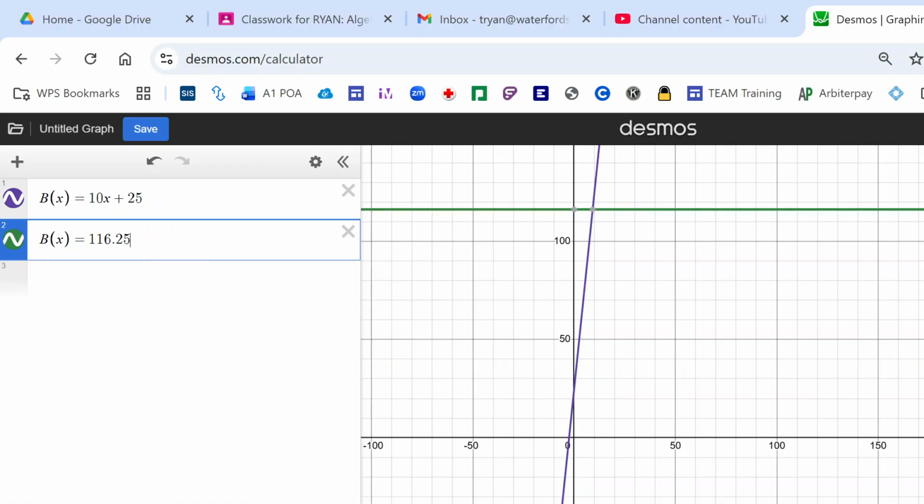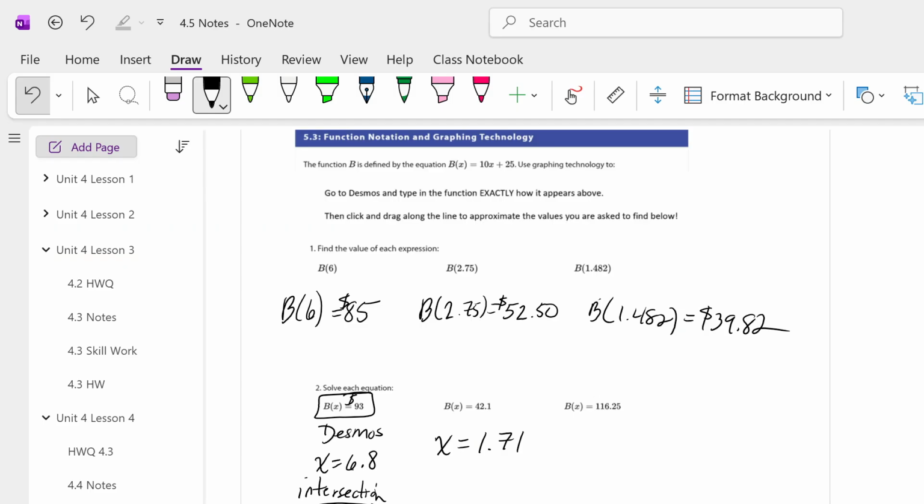There's no equation solving. We're just asking where the function is going to be the same as 116.25. So we got 9.125. So x equals 9.125, which means this is 9.125 gigabytes for a 116.25 cell phone bill. So using Desmos and searching for those intersections is a great strategy that we can use.